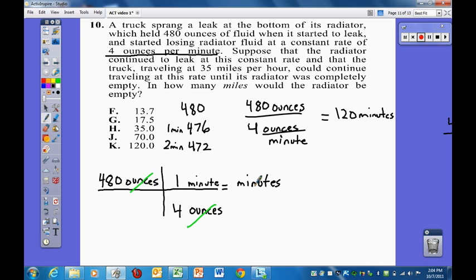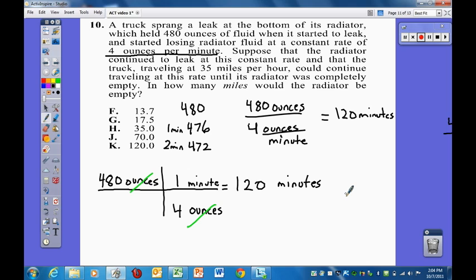My number that goes with the unit is going to be 480 times 1 divided by 4. Now that's equal to 120. So 2 ways to get it. Mentally kind of think it out, or use dimensional analysis. Alright, so it takes 120 minutes for the radiator to leak out.